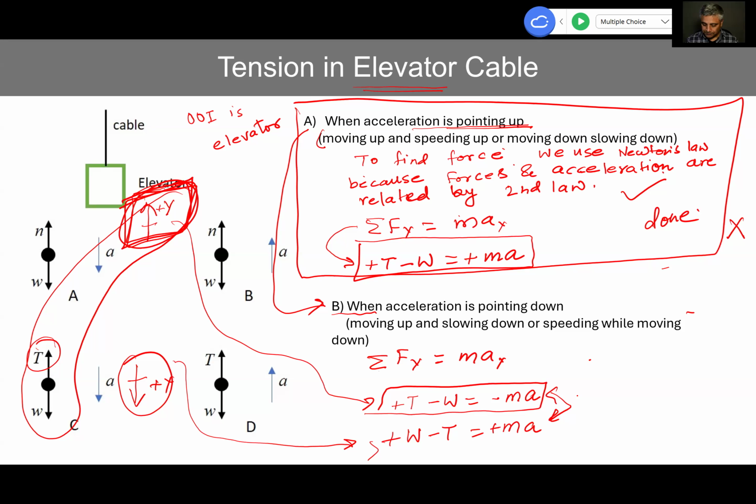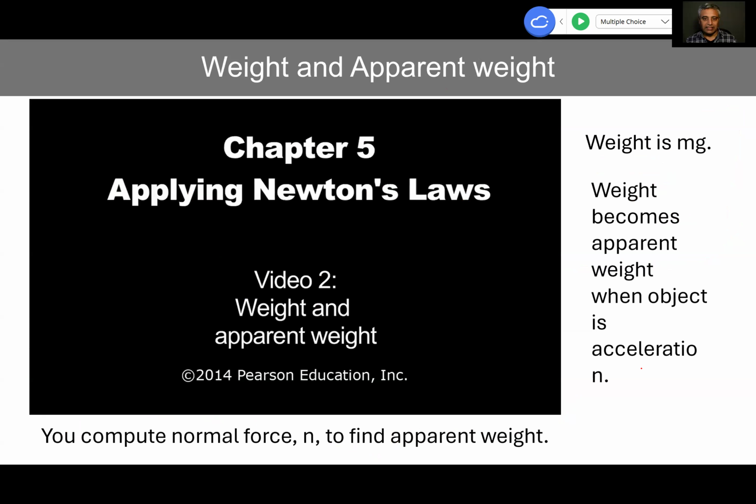So now our weight, we said, is mg. It comes from the gravitational pull on us, okay? As long as we are near the Earth's surface, what happens? It is mass times acceleration due to gravity, because weight is a force, a force due to gravity.